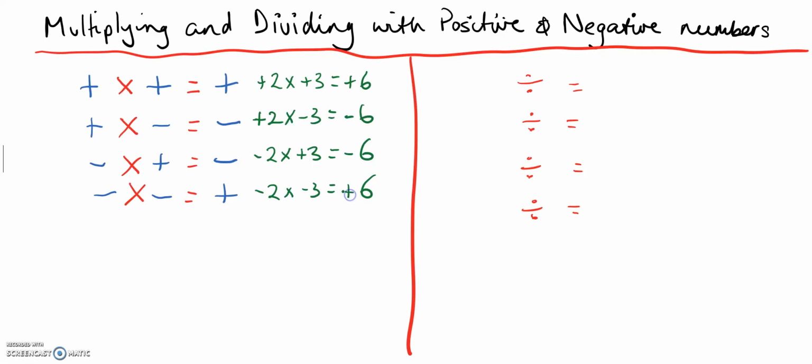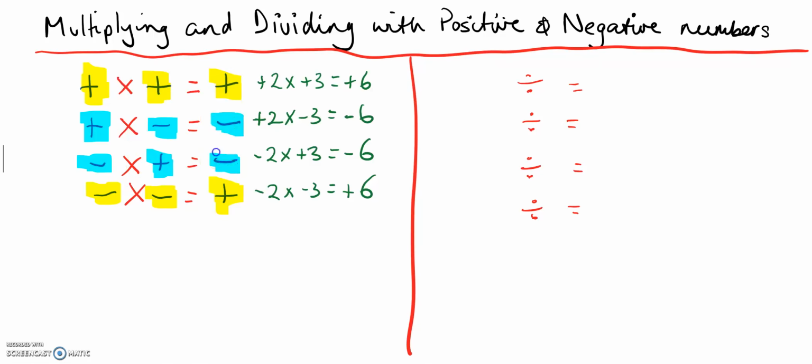Makes a positive 6. Alright, so we can actually see that when we have same with same, it's always going to be positive. When we have different with different, the answer there is always going to be negative.